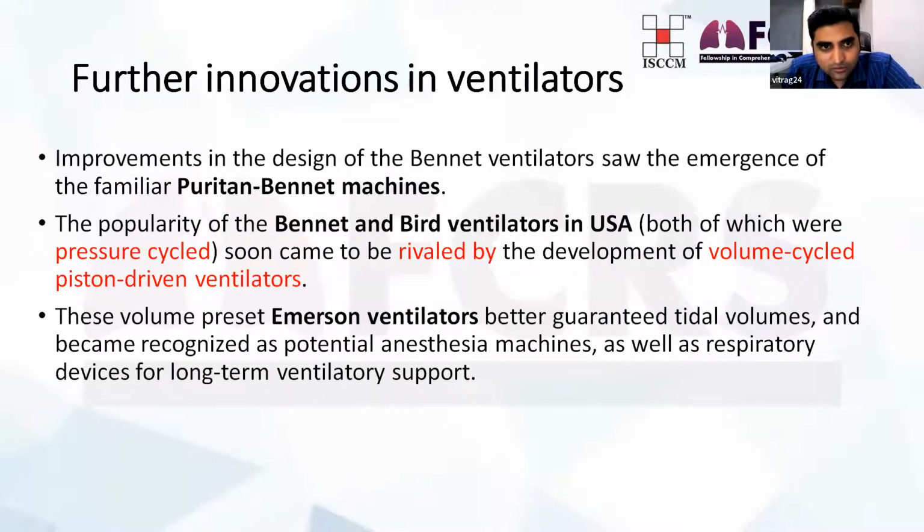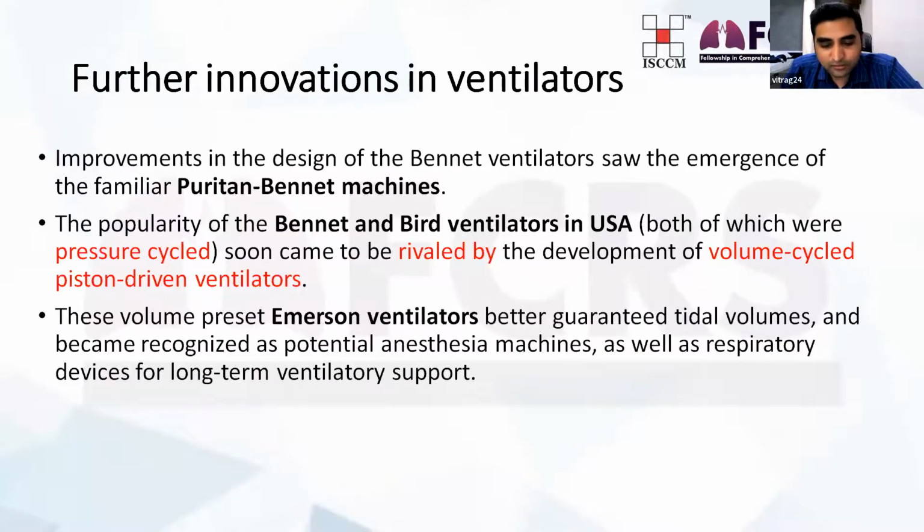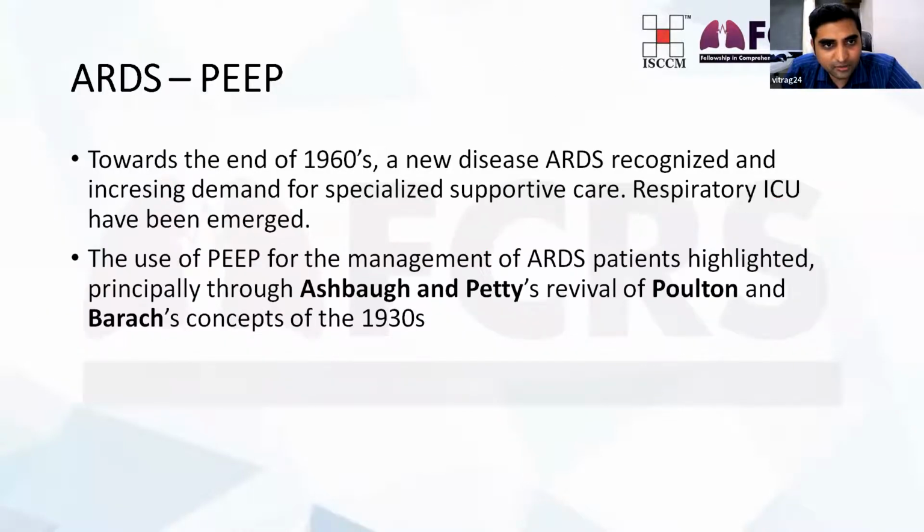So all this we have evolved from pumping bellows manually, then the iron tank, then further innovation in the iron tank, cuirass, and then definitive ventilators, then the Dräger Pulmotor and Bennett and Bird ventilators, the Puritan Bennett machine. More conceptual evolution occurred after 1950, then technical evolution apart from the microprocessor.